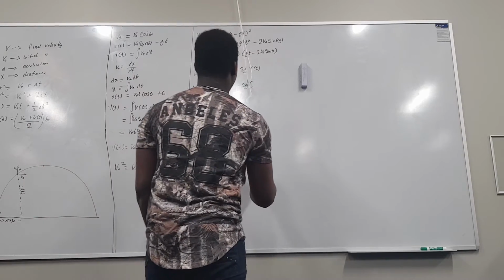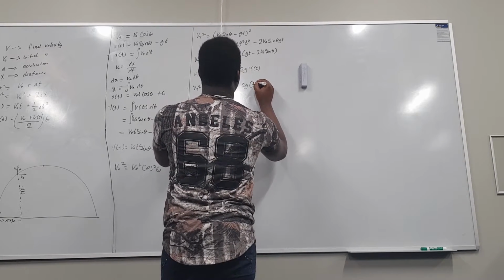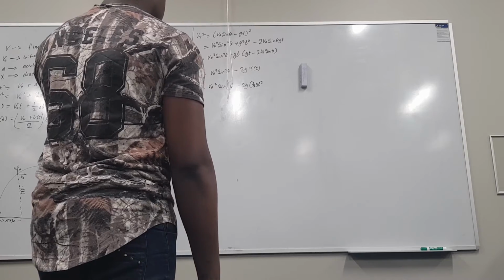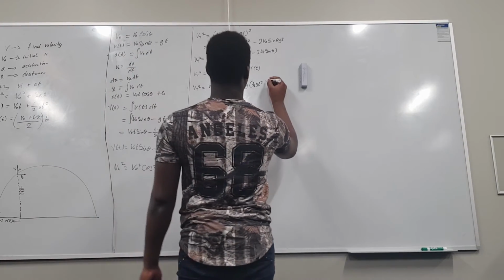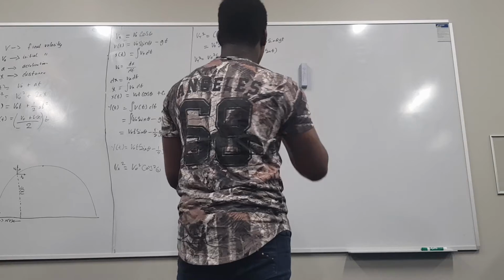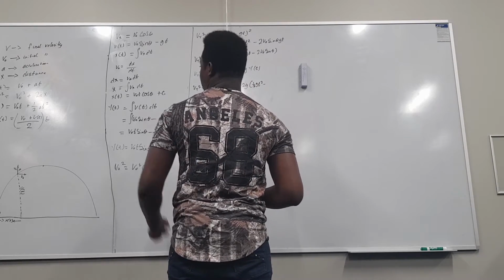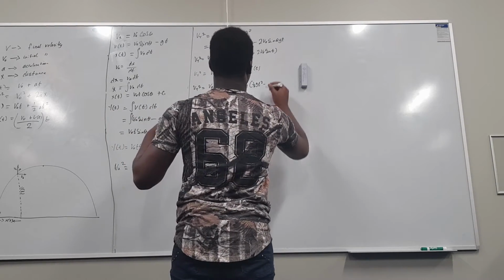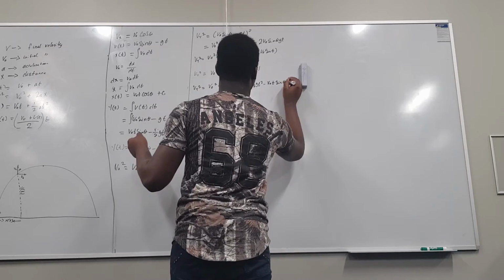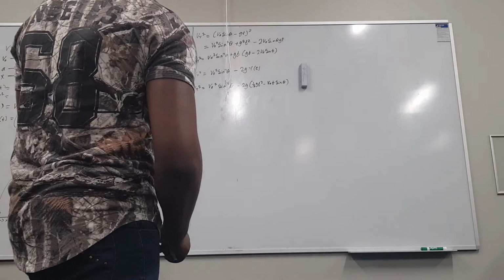so factor that out, so I have half g t squared minus V naught t sine theta. That's what I was trying to get before.